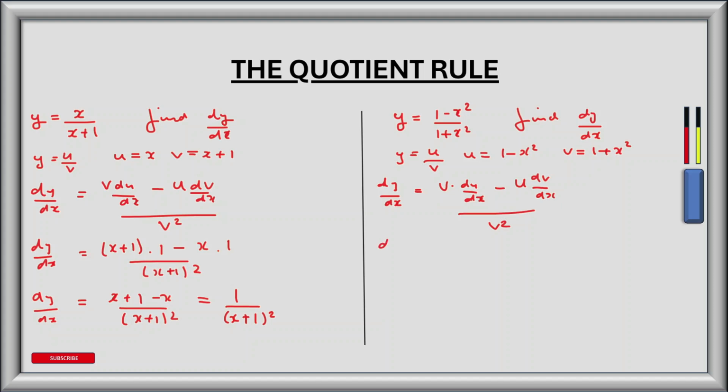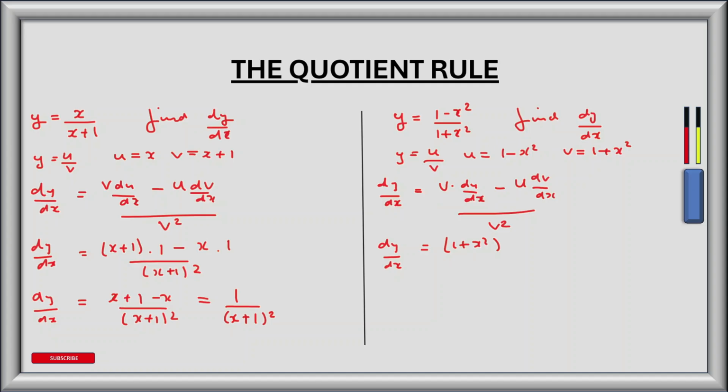So in our case, dy by dx is equal to v, which is 1 plus x squared, times du by dx, where u is equal to 1 minus x squared.